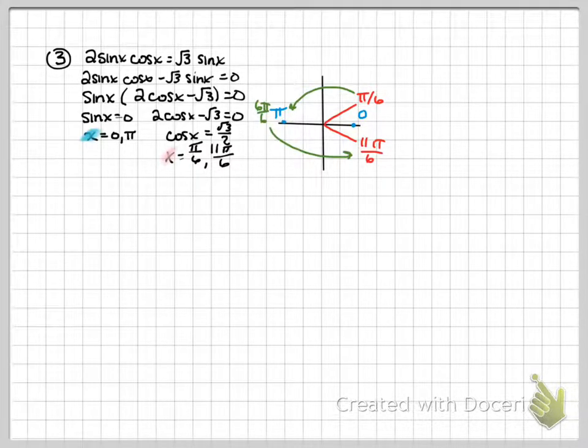So those might work. But is it 5 pi over 6 to get back to here? It's got to be the same distance to get back to where you started, and that doesn't occur. Let me clean this up a little bit, so I'm going to take this away.